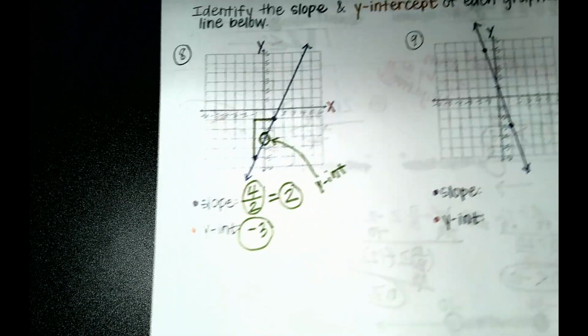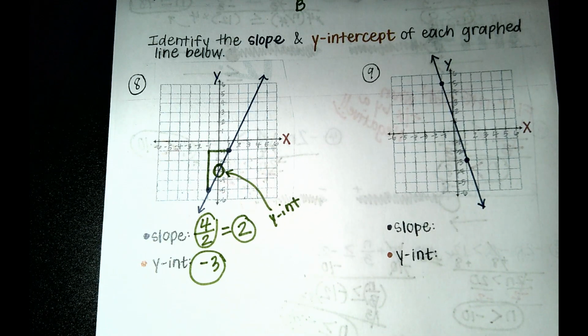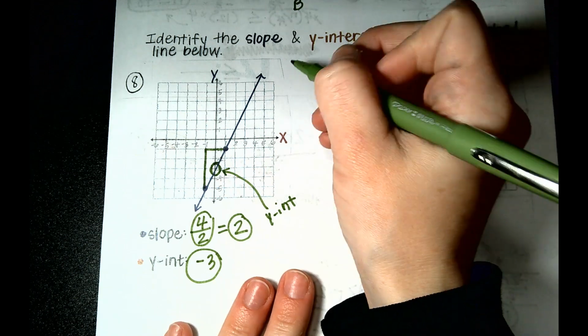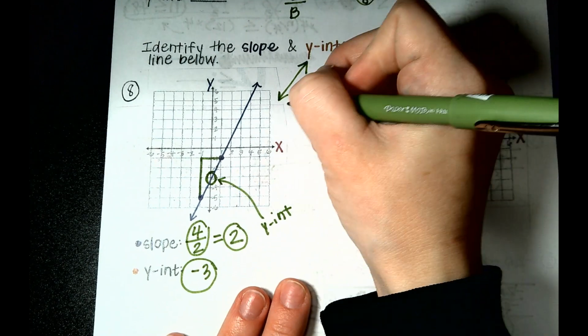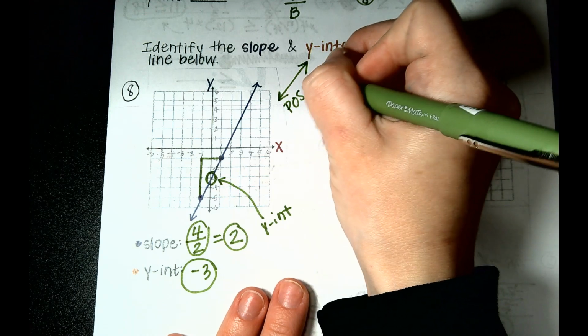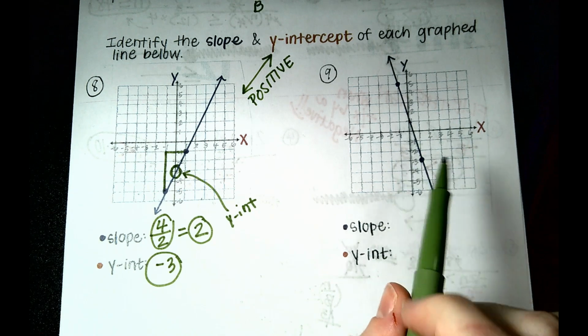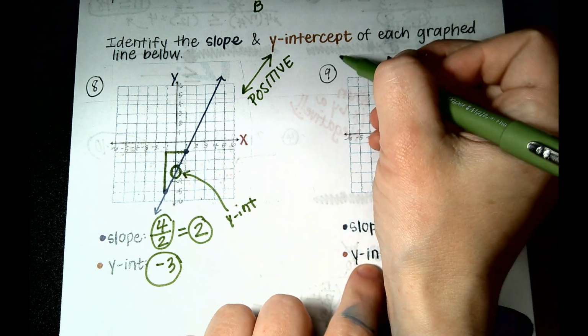Now, something good to remember whenever we are counting rise and run and your slope, we need to keep in mind what happens to the sign of our slope, whether it's positive or negative, depending on the direction we go. Another good thing to remember is if my slope tilts upwards like this, it's positive. Now, number 9, before we even get the numbers, is that going to be a positive slope or a negative slope? Negative slope, good.